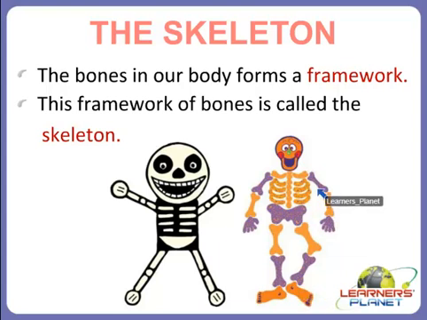There are some small bones and large bones. So the framework of these small bones and large bones is called a skeleton. Without the skeleton, we would not be able to stand straight.